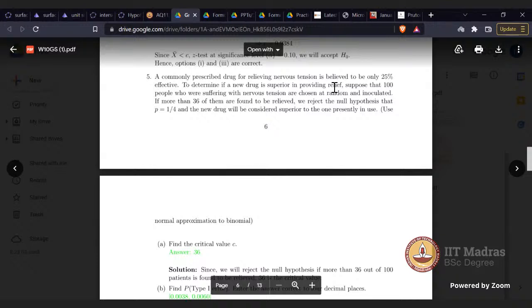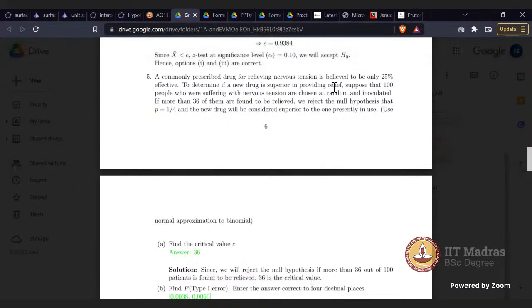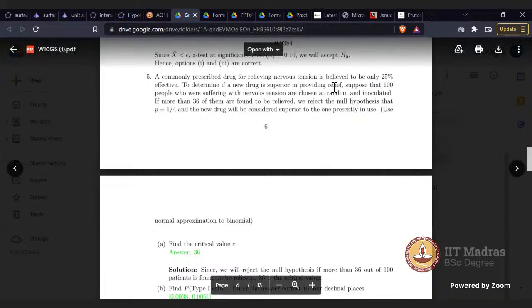I have manufactured a new drug, and now I want to check whether this drug helps in relieving the nervous tension, whether it is better than the previous one or not. So I want to check whether the p that was initially 25% becomes greater than 25% for this new drug. This is what we want to check: whether p is greater than 1 by 4 or not.